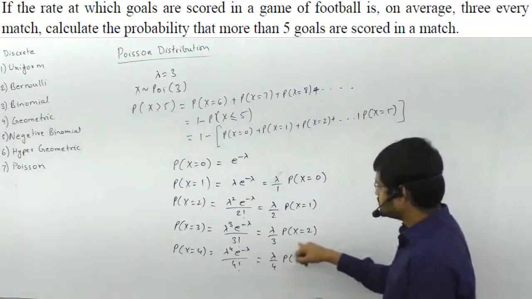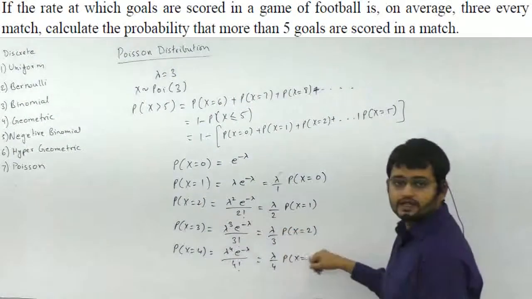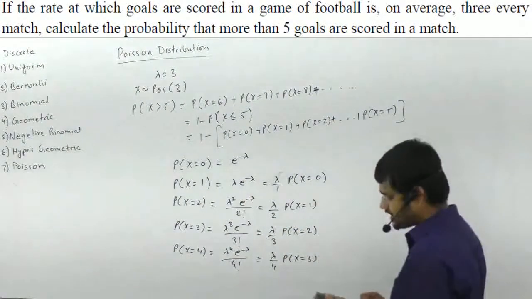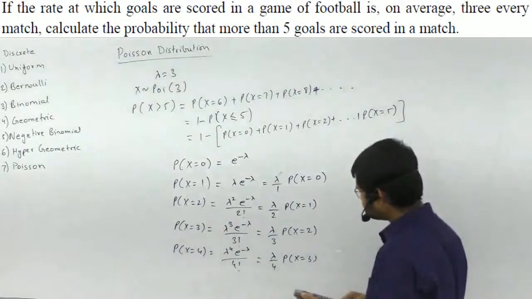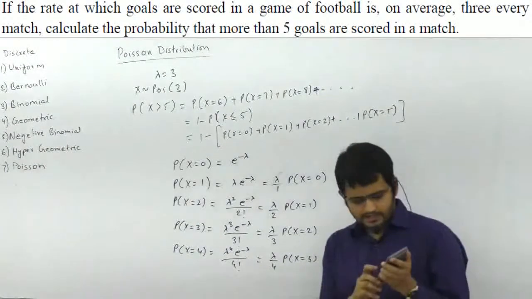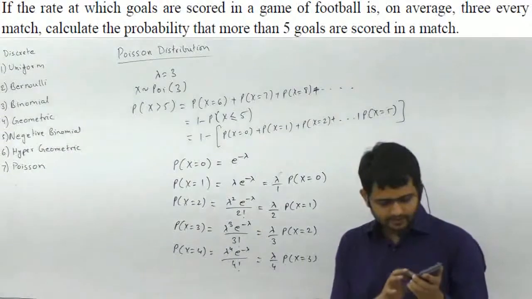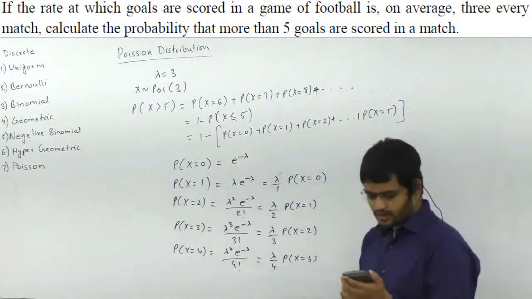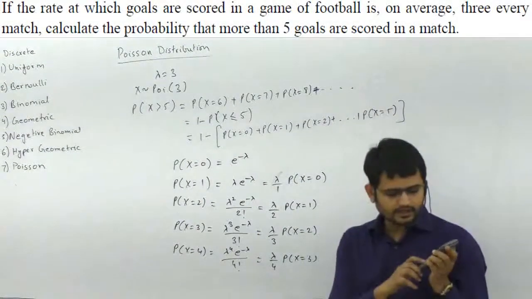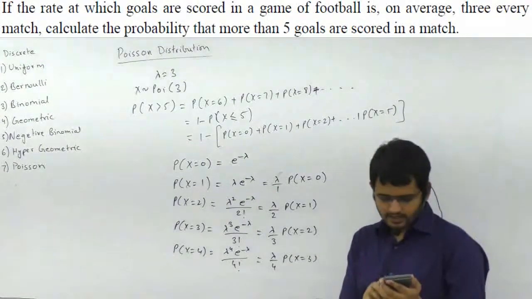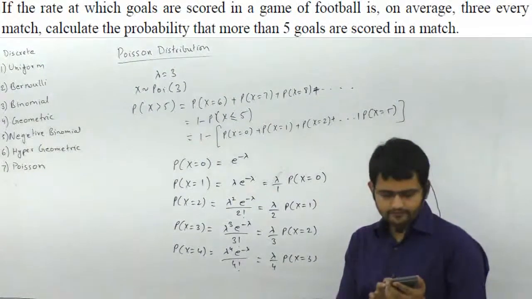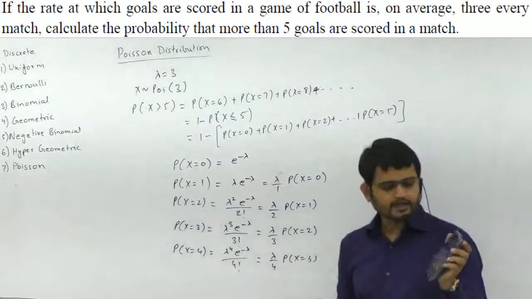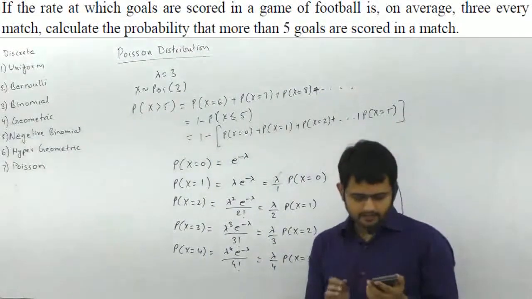Now for 4, I'll multiply by 3, divide by 4, I get this value, again M plus, then into 3 divided by 5, and I get the fifth value and again M plus.